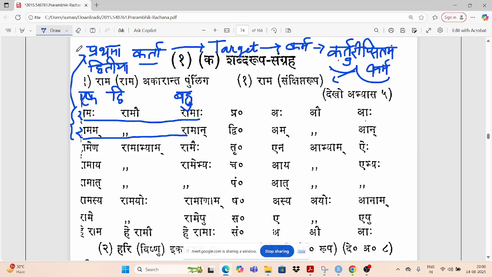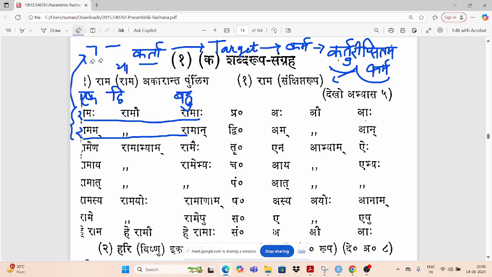Now let me again erase a few things over here. Now let us look at this whole idea. Ramah, Ramau, Ramah, Prathama Vibhakti.